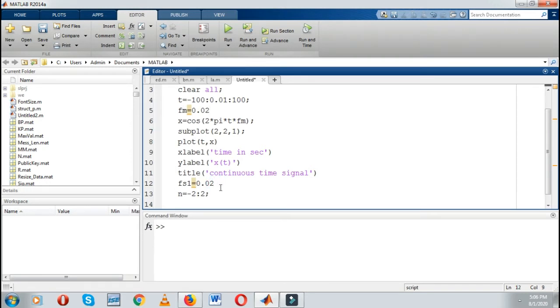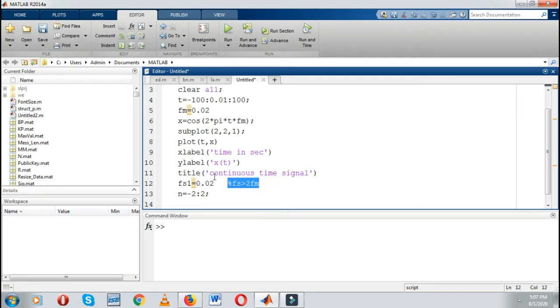Here I have taken a sampling frequency 0.02, and our formula is the basic formula that we already know, that fs is greater than 2 fm.